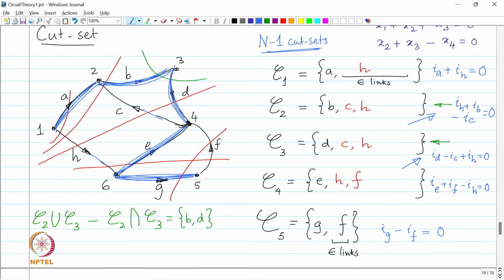Because the element of the tree is unique in each of these fundamental cut sets. It does not appear in others. I am taking one element of the tree followed by other links, that is how I have made the cut set. So the n minus 1 are always linearly independent, because the element of the tree is unique in each of them. There is no way to combine it with other equations and get the same thing.